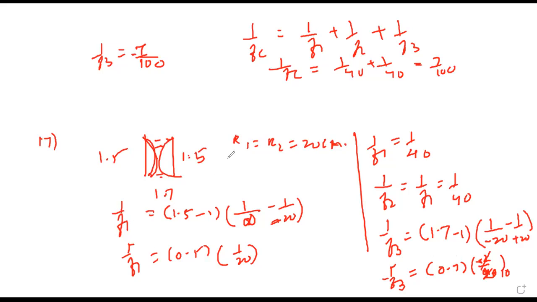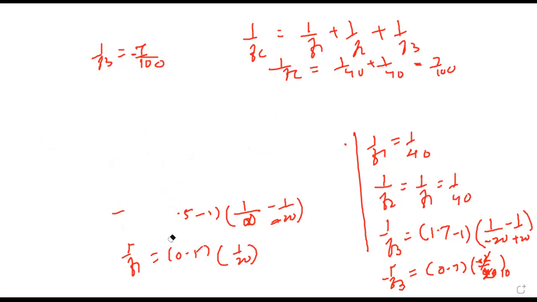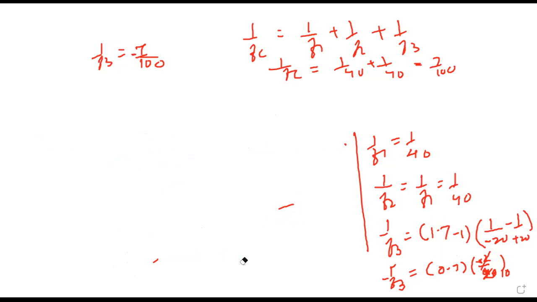1 upon focal length of combination is 1 upon 40 plus 1 upon 40 minus 7 upon 100. LCM you can take out: 2 upon 40 minus 7 upon 100, 1 upon 20.